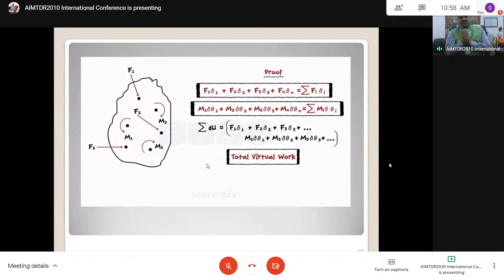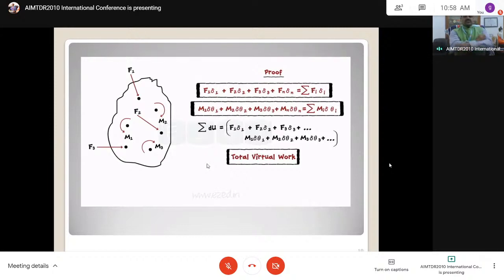M1 delta theta 1, M2 delta theta 2, M3 delta theta 3 and M4 delta theta 4. There are forces as well as moments. Moment is an angular displacement, force is a linear displacement. For a virtual displacement, it's delta theta 1, delta theta 2, delta theta 3, delta theta 4. Same as earlier, instead of delta, you can write delta x1, delta x2, delta x3, like that. You calculate the total work.